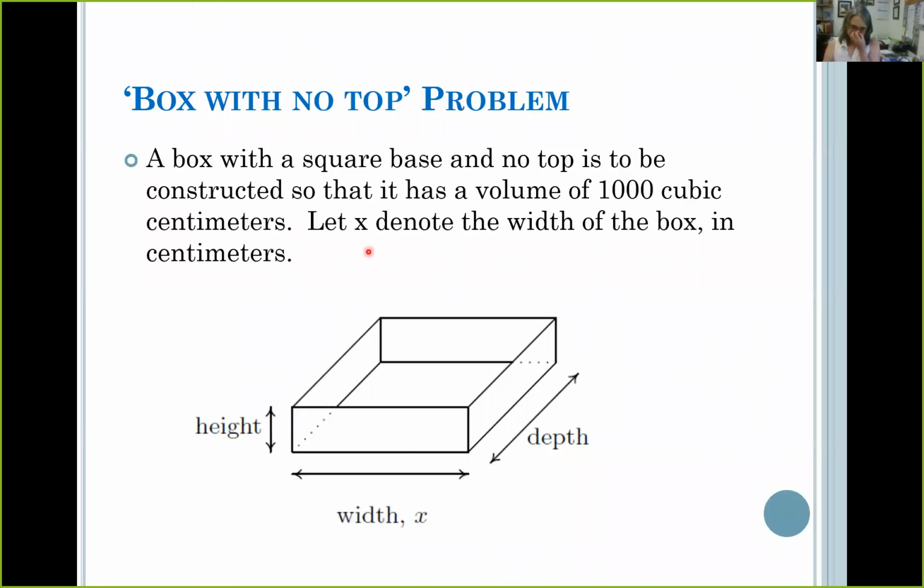We've got a box that has a square base. In other words, the width and the depth are the same. They're both x. And we are constructing this box so that it's got a volume of exactly 1,000 cubic centimeters.